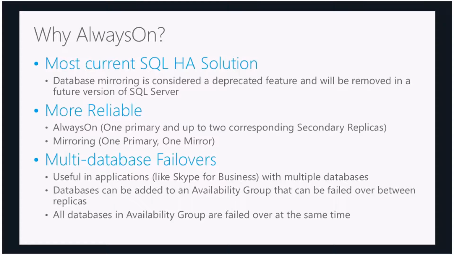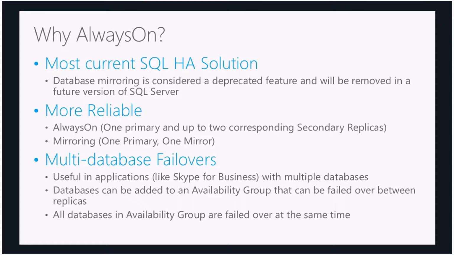But with SQL Always On, you can fail them all over in a single failover action. Databases can be added to an availability group that can be failed over between replicas. So lots of good information there about why we would use SQL Always On.